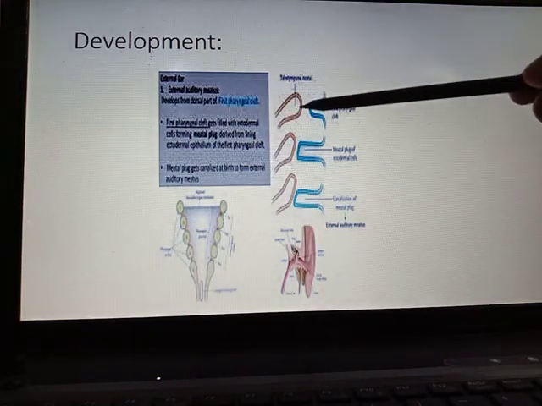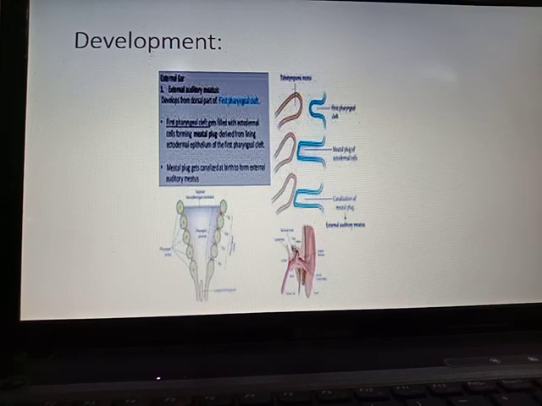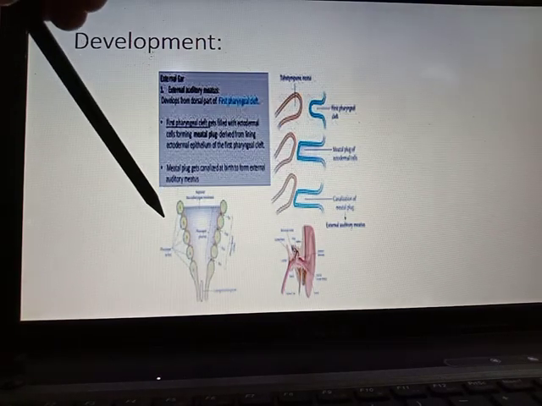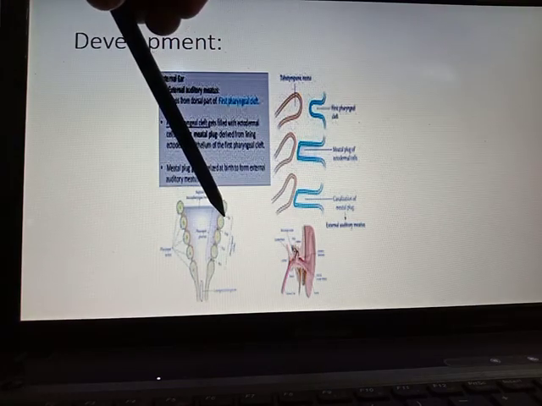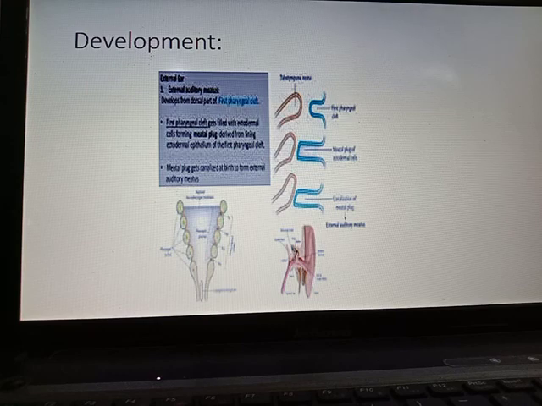The external ear is ectodermal in origin, developing from the depressed first branchial cleft.